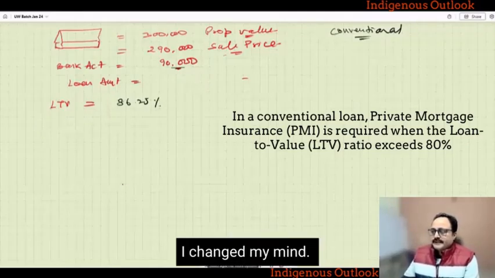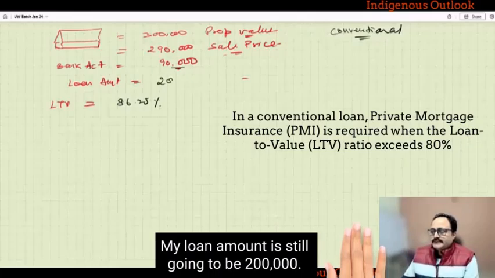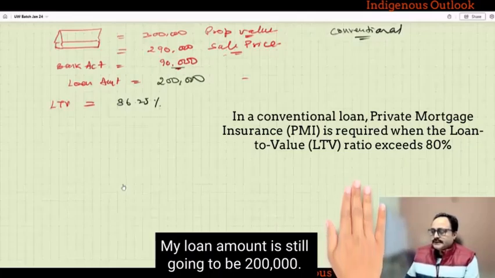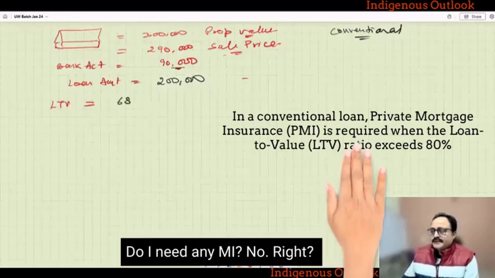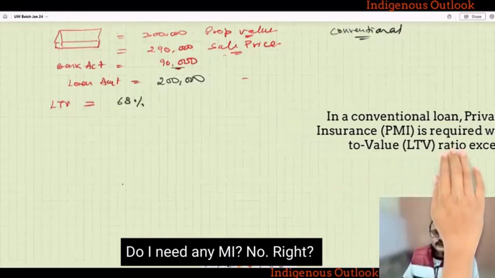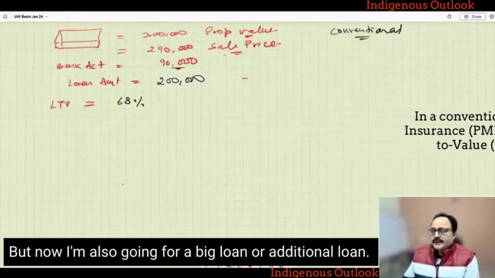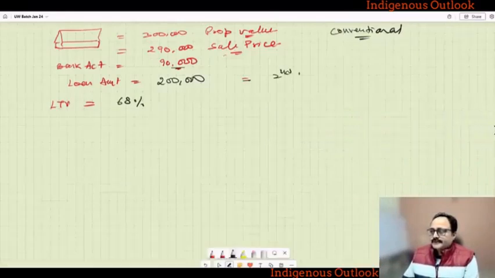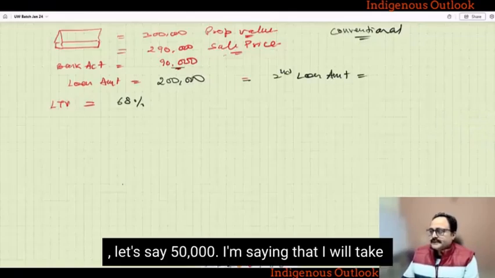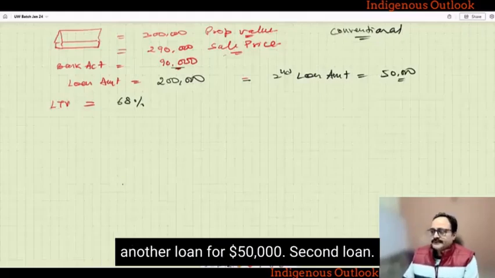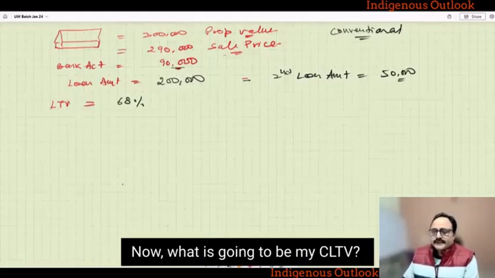Let's say I changed my mind. My loan amount is still going to be 200,000, so it is 68%. Do I need any MI? No, right? But now I'm also going for an additional loan, a second loan. Second loan amount is, let's say, 50,000. Now, what is going to be my CLTV?